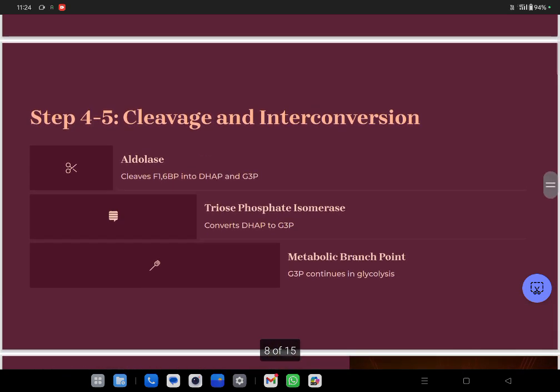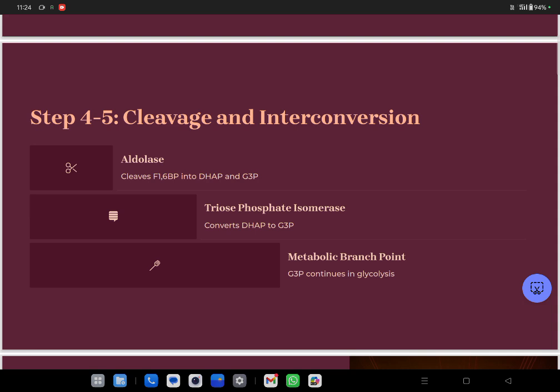In steps 4 to 5, there are 3 enzymes. One is aldolase. It cleaves fructose 1,6-bisphosphate into dihydroxyacetone phosphate and glyceraldehyde 3-phosphate.